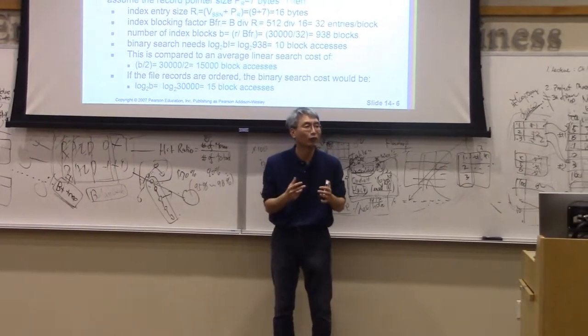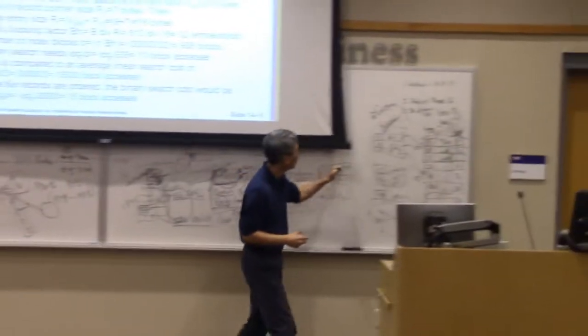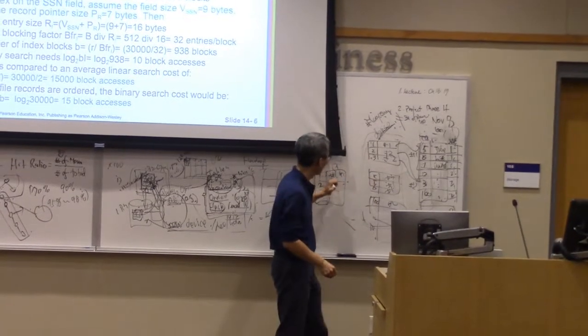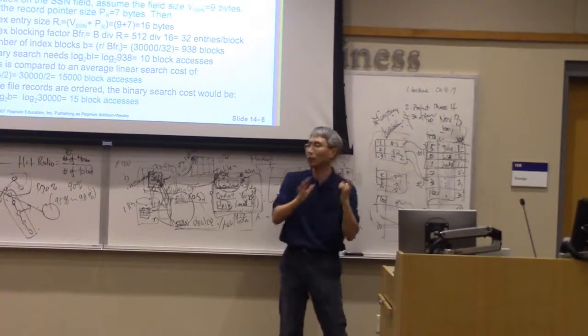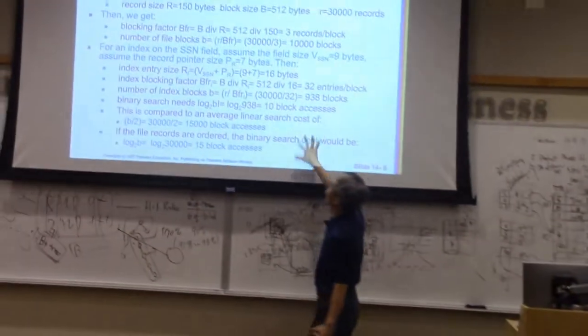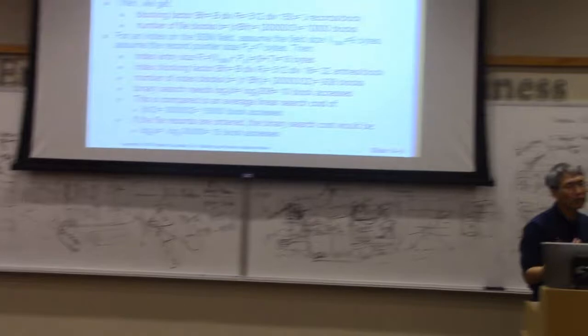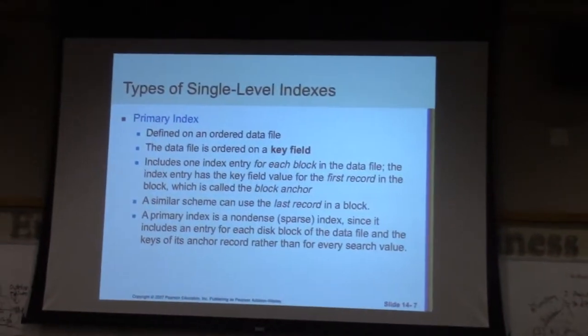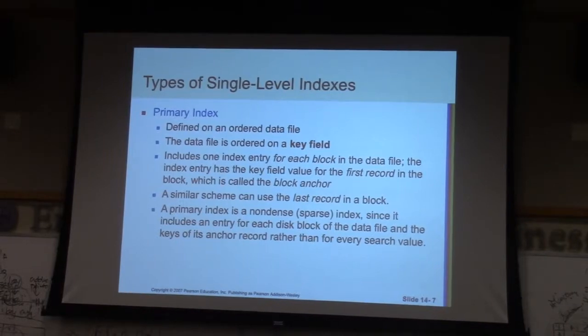We are going to count the number of blocks. For example, 1, 2, it's a 2. And if you need 1, 2, 3, which one is faster? 2 is faster. So we will evaluate whether using index is really fast or not in the next class.